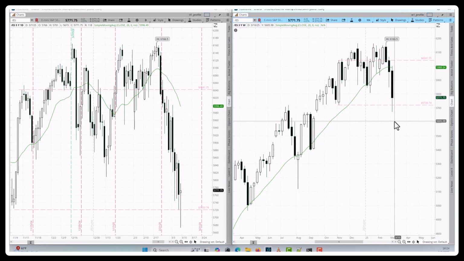Basically, the weekly level gives us better clarity in terms of the price action, because it combines both time and price.